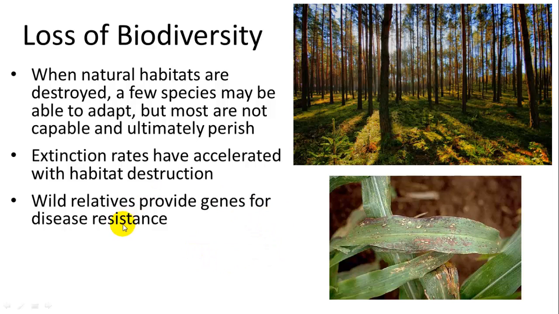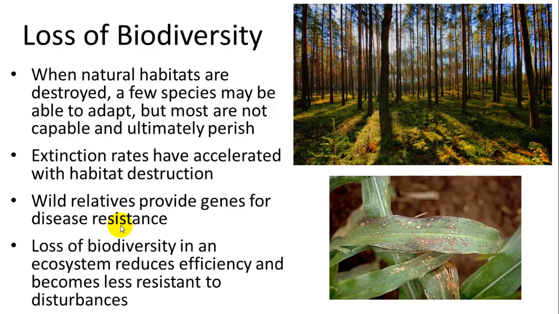And we were able to go back to the original wild relative of corn and find a resistant strain and breed that back into our corn varieties for agricultural use. But had we caused the original corn to go extinct through whatever land use we have, then that would not have been available. So biodiversity is important for the variation in genes, which can be used for disease resistance and other things.